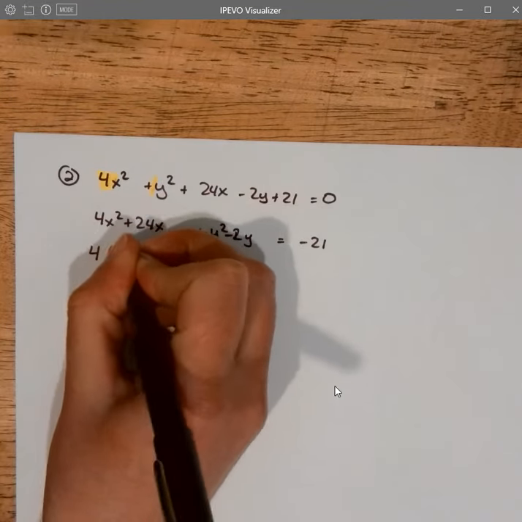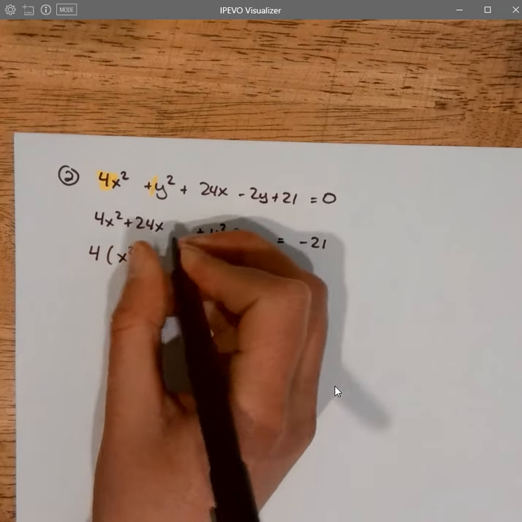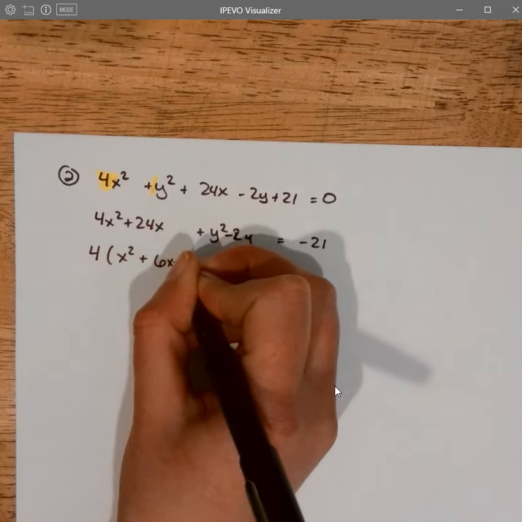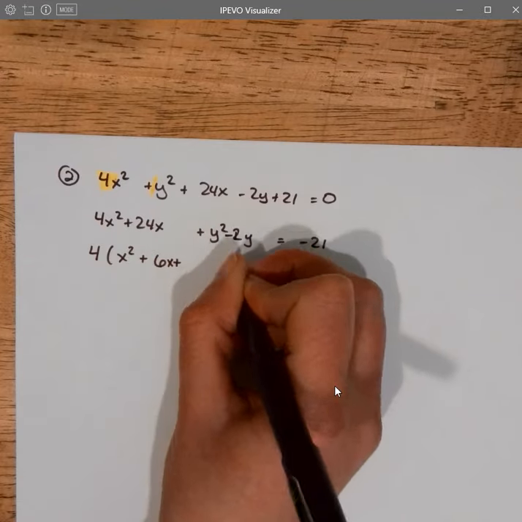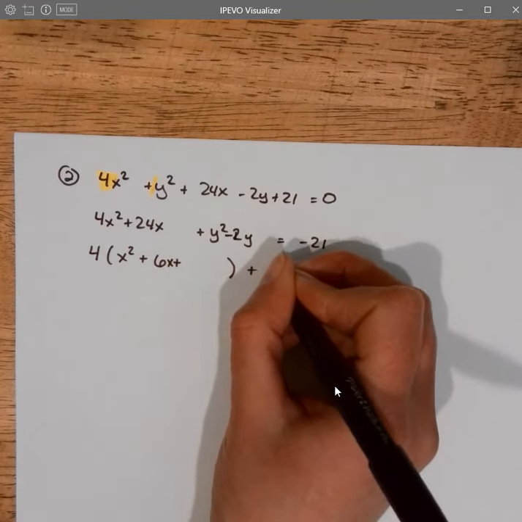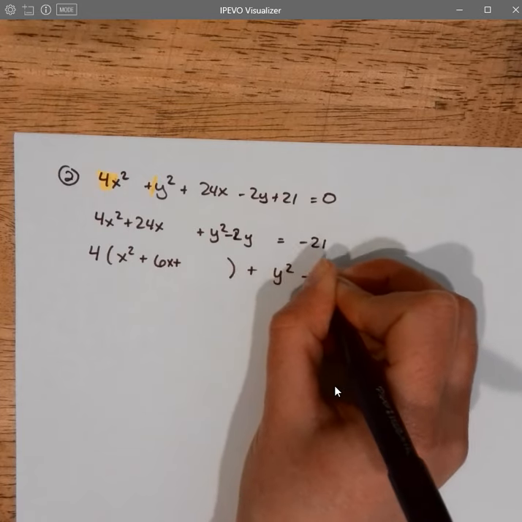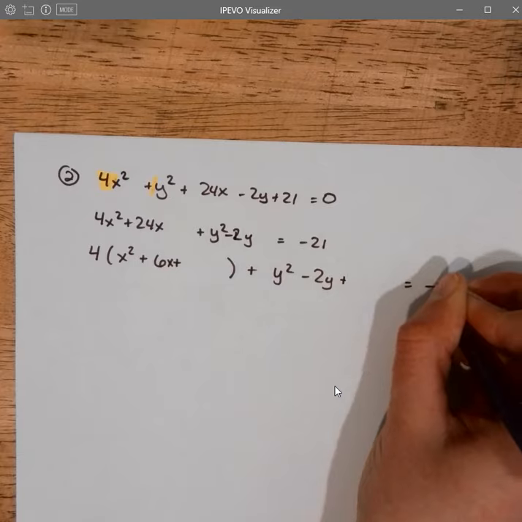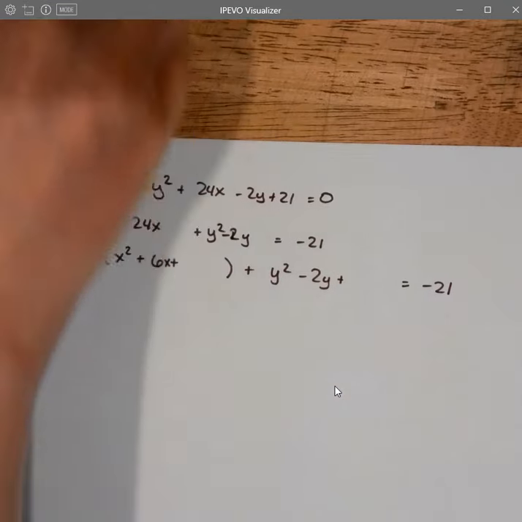So we'll have 4 times (x squared plus 6x plus blank), close parentheses, plus, I don't have a coefficient to factor out here, so I'm just going to leave it as y squared minus 2y plus blank equals our negative 21, and then we're going to complete the square.